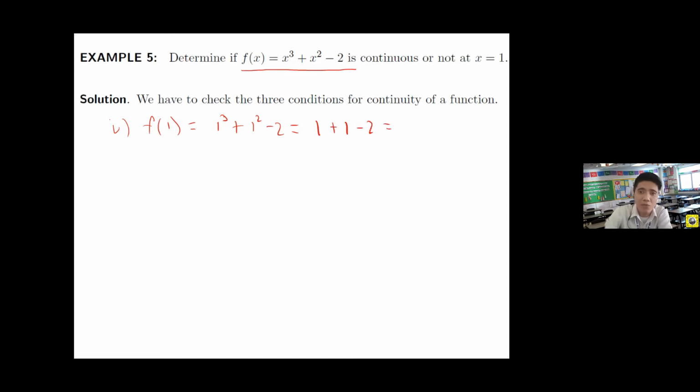We have 1 plus 1 is 2, minus 2, I mean, this is 0. If I make any mistake in solving, please correct me, because I'm just human.